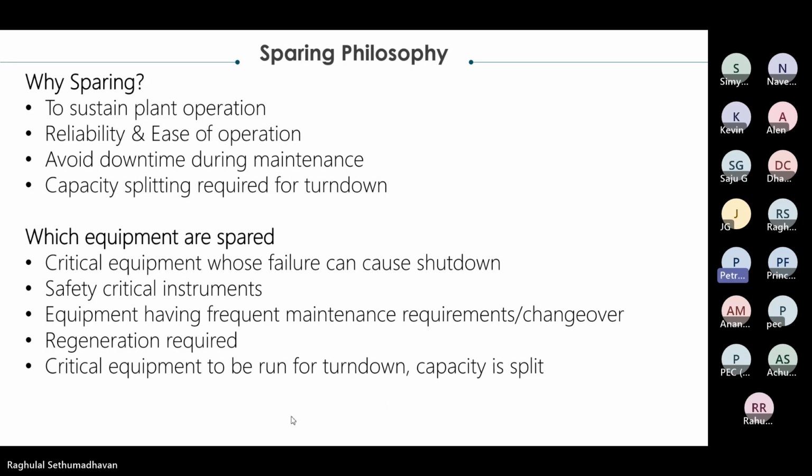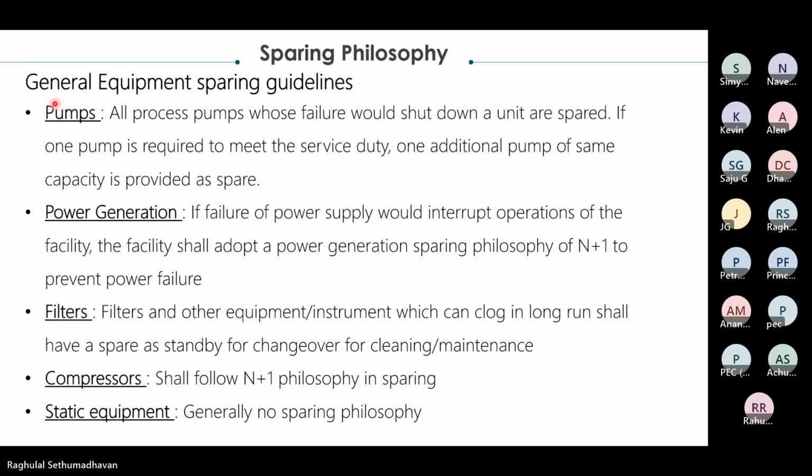Now there are some general guidelines we'll see. For pumps, all the process pumps whose failure will cause a shutdown of the unit need to be spared. So if one pump is enough to meet the service duty, then one additional pump needs to be there as a spare.